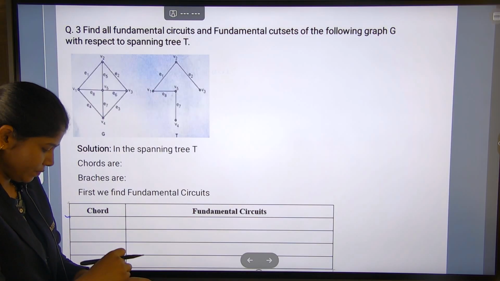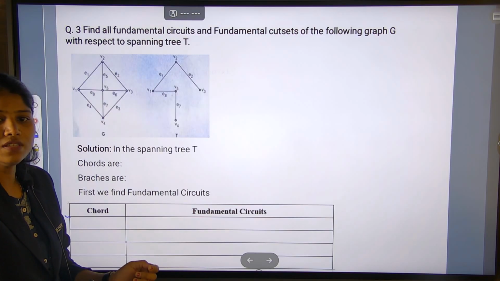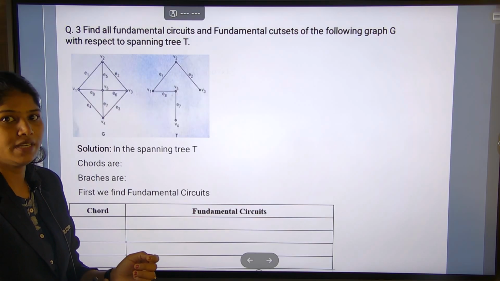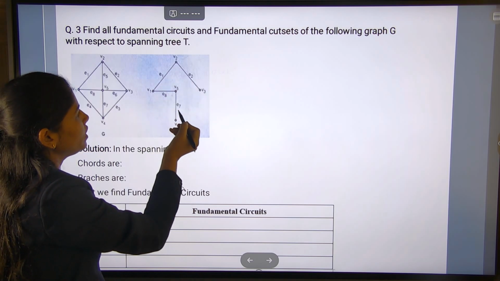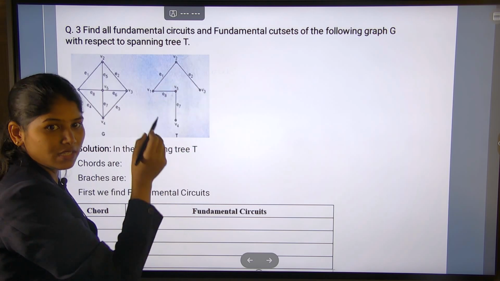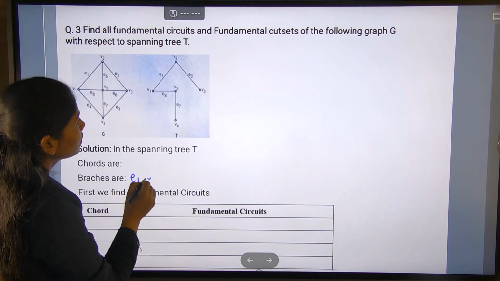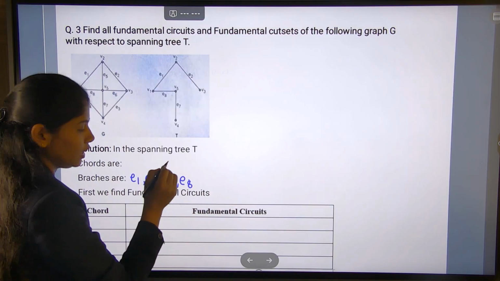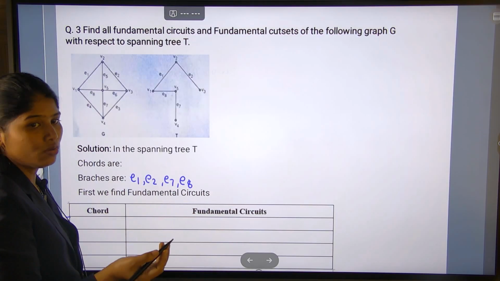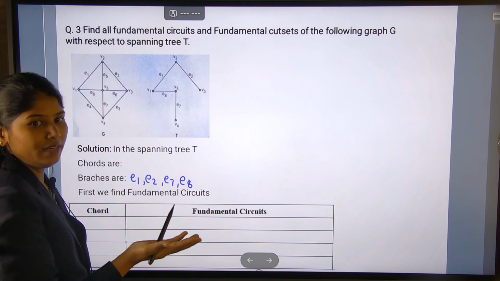Branches means the edges present in the spanning tree. You can see that E1, E2, E7, E8 are the edges present here. So write down branches E1, E2, E7 and E8. Then write down the respective chords. Chords means the edges that are not present in the spanning tree.